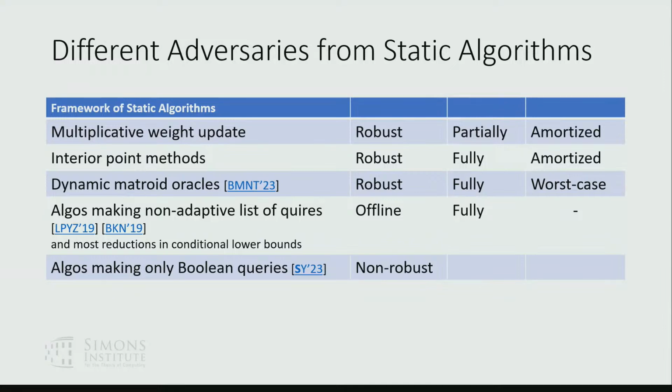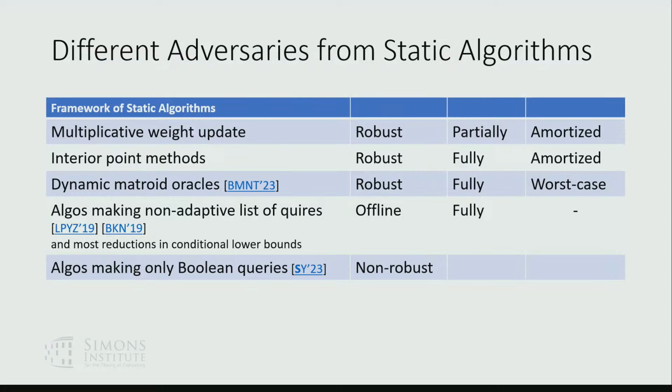And yes, there are various methods. There are some algorithms from geometry and something about electrical flow. But that's not the point. The point is that the algorithm just makes some list of queries that it wants to know non-adaptively.